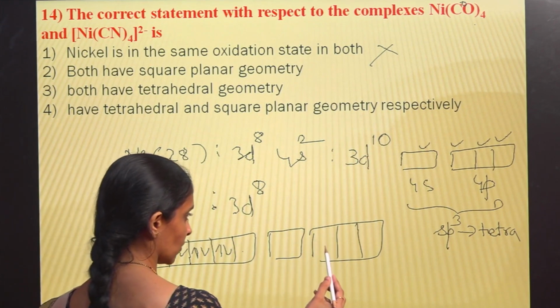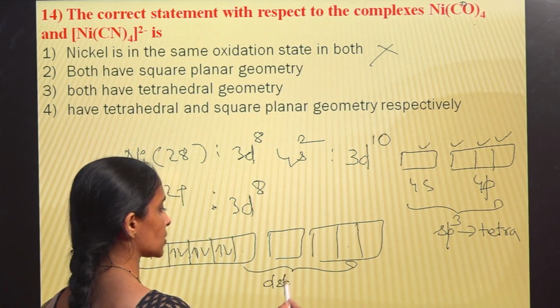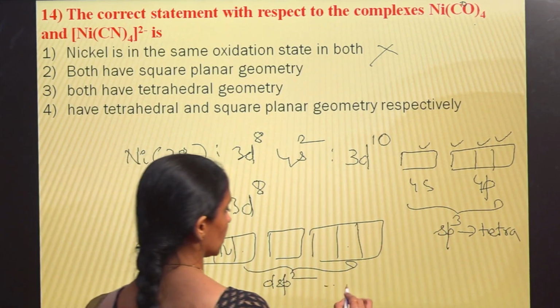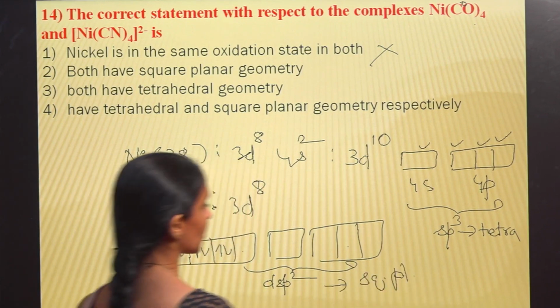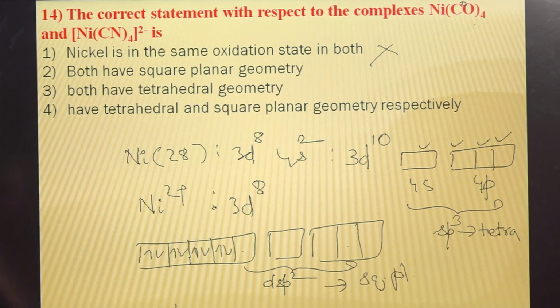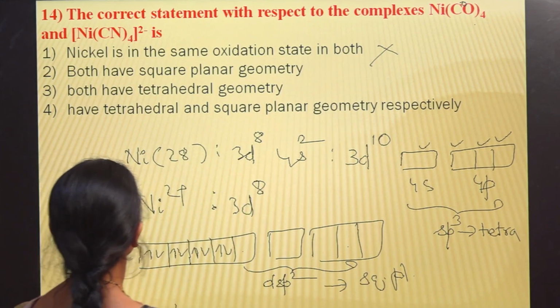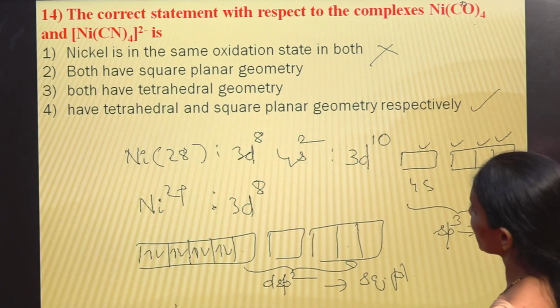This is the second one, this is third and fourth. So hybridization is dsp2 rather than sp3. It is dsp2 and geometry, as you know very well, is square planar. They have tetrahedral and square planar geometry respectively.